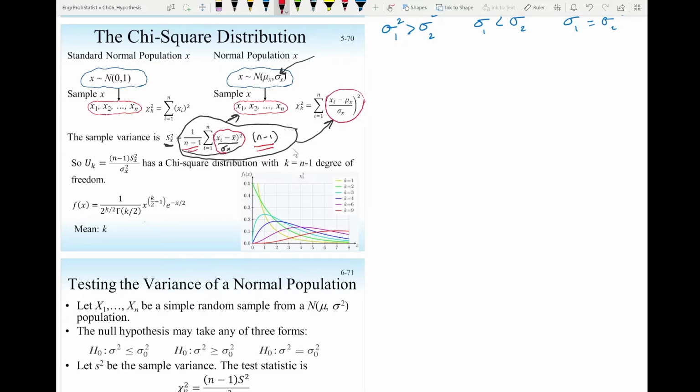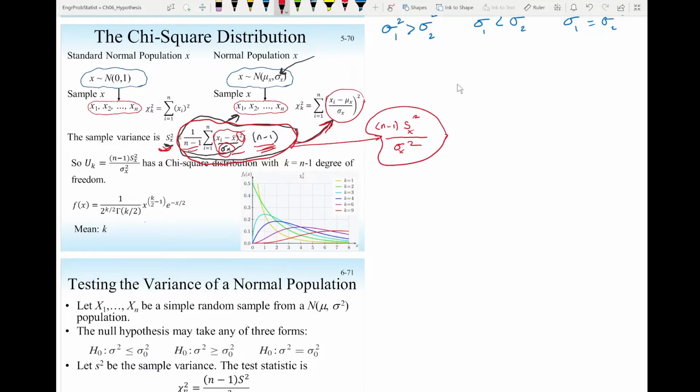So all we did here is multiply s of x squared by n minus 1, and divide by the variance, sigma x to the power of 2. Since this quantity is exactly this quantity, this also will have a chi-square distribution.